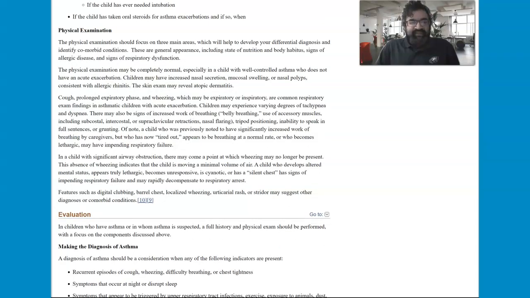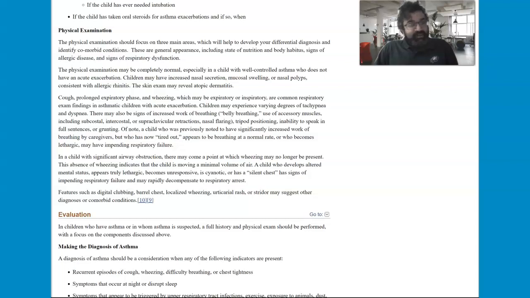On physical exam, there's increased nasal secretion, mucosal swelling, or nasal polyps consistent with allergic rhinitis. On the skin, there might be atopic dermatitis. There's also cough, prolonged expiratory phase, and wheezing, which may be expiratory or inspiratory.